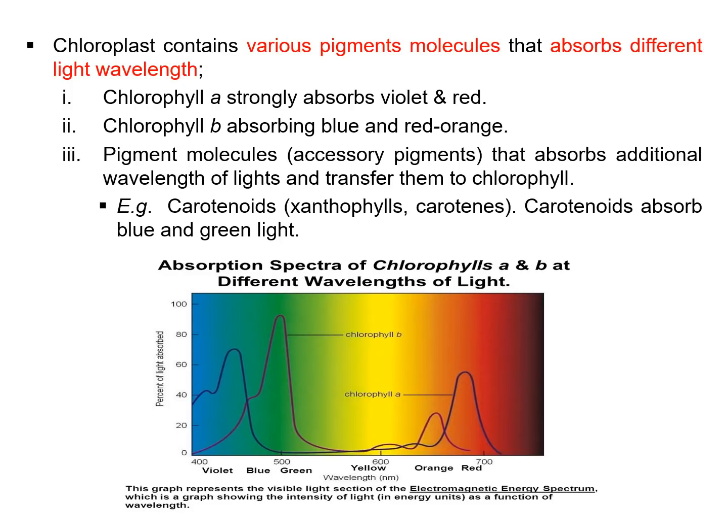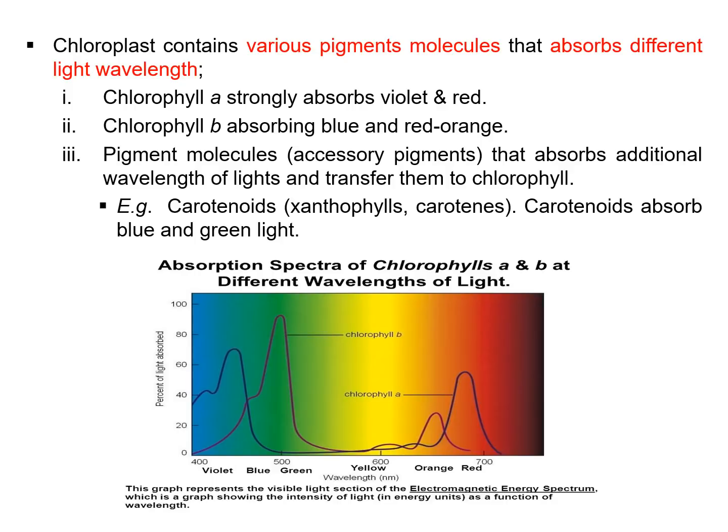That's why we can see there are ranges of wavelength starting from 350 up to 750 nanometer. So this range depends on the pigment molecule which will absorb different light wavelengths.